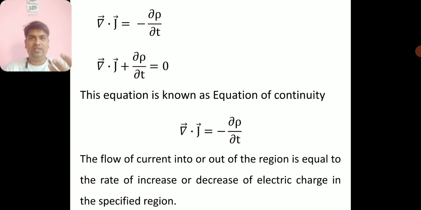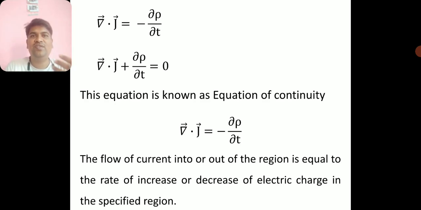This final equation clearly tells that the flow of current into or out of the region, div J means what? Div J means the flow of current into it or out of it. It could be either of these.